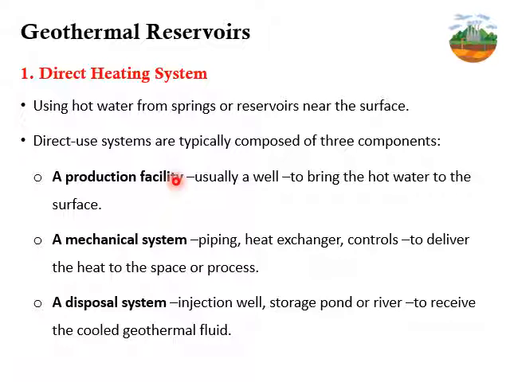Then there will be some mechanical system like piping and heat exchangers required to exchange the heat, and a disposal system, because that water has to be sent back to the reservoir for completion of the cycle. So in this way, a direct heating system is devised.